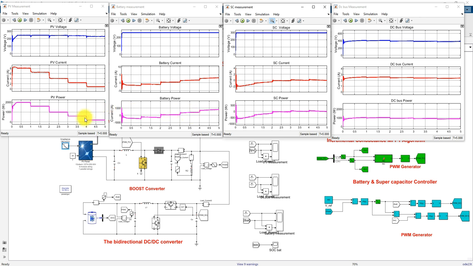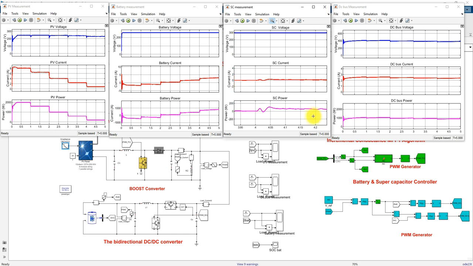Okay, and also you can see that at the time of 4 seconds, again the PV power is reduced because of the reducing irradiation from 300 to 100 watts per meter square. What happened? The battery power again increases, and the supercapacitor now aids some power during that change in irradiation condition from 300 to 100 watts per meter square, in order to support the battery.